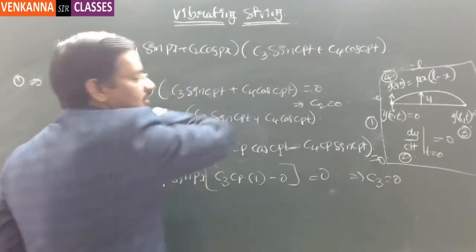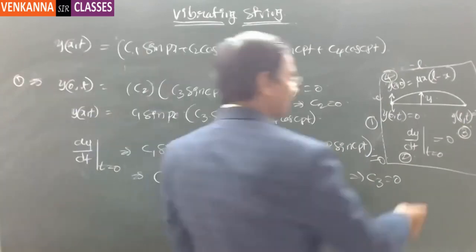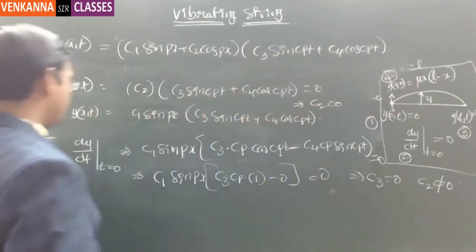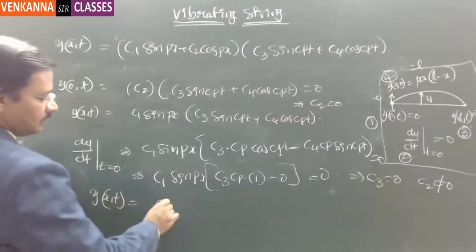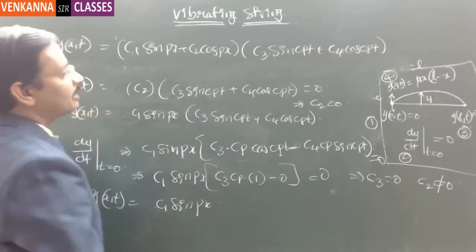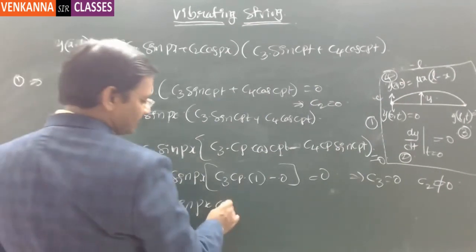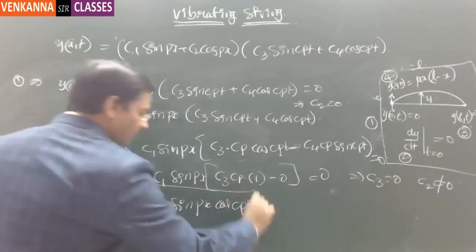Then this entire function is going to vanish out. So that's exactly the reason you cannot take C1 as 0. So C3 equal to 0. Then the function is going to be y of x comma t is equal to C1 sin Px, and then C3 is coming out to be 0, then C4 into cos Cpt. So this is the equation we have got.